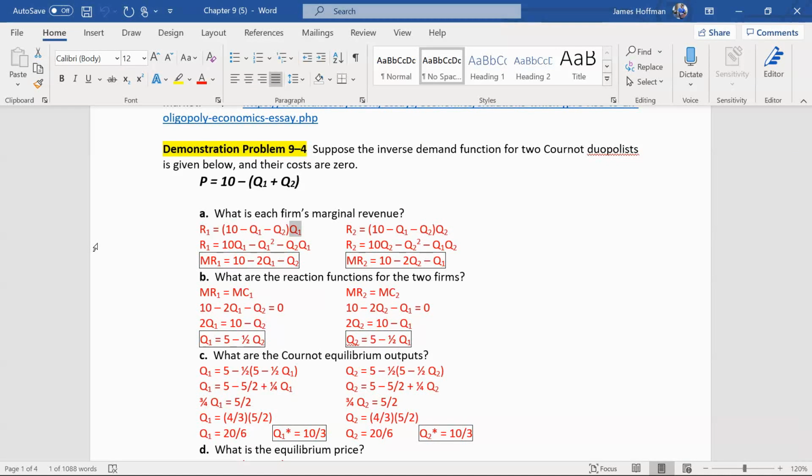Alright, so just multiply the Q1 through, and you get R1, the revenue of firm 1, equals 10Q1 minus Q1 squared minus Q2Q1. And then you know that the marginal revenue is how that changes on the margin with respect to Q1. So MR1 is just the derivative of this with respect to Q1.